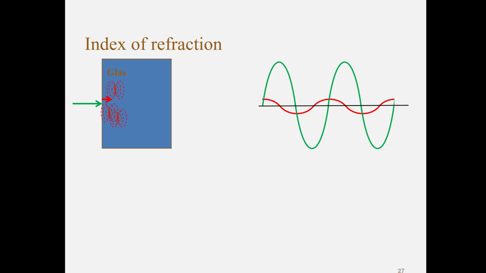What does this mean? Well, if we study this a little bit more carefully, we see that where we have a maximum of the electric field of the incoming light, the field emitted by the moving electrons is 0, so it won't become any higher here. And the same over here, where this is the maximum negative, it's 0, so it won't become any lower.